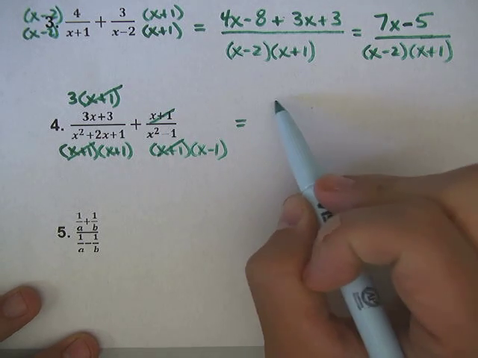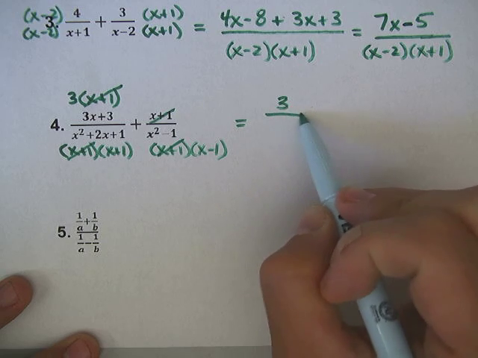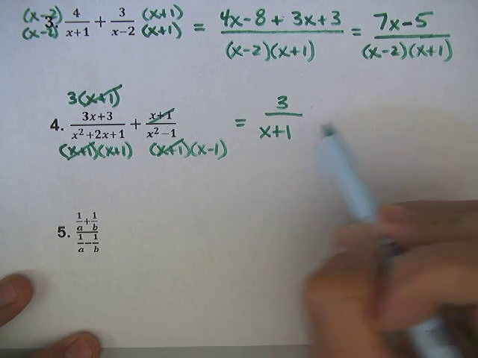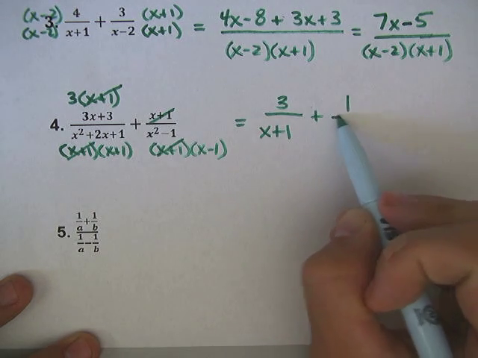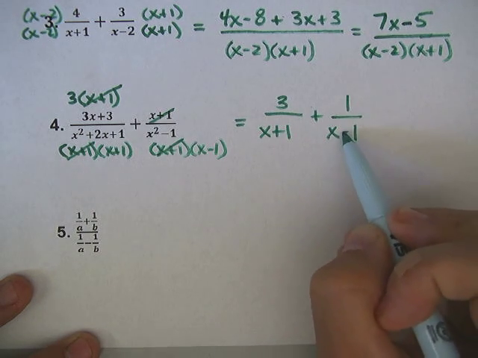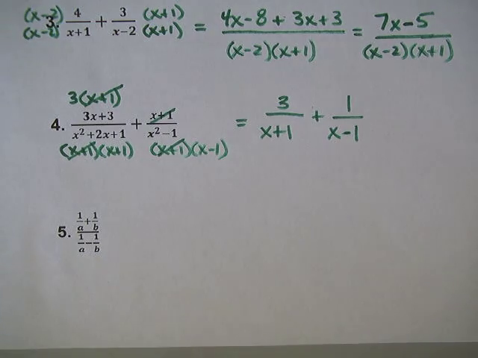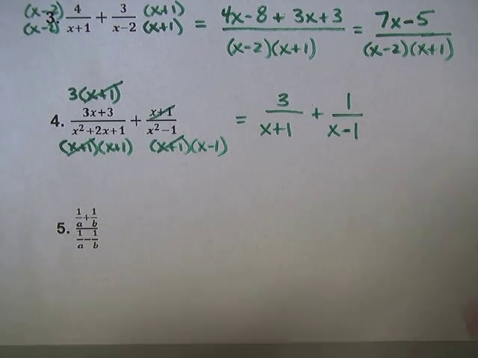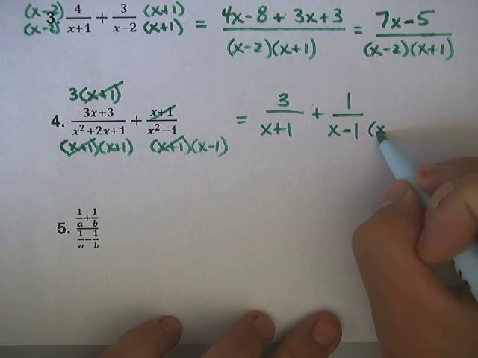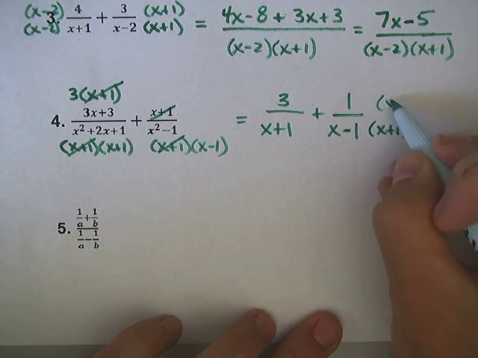And I noticed that these would cancel. And over here you notice that these cancel. So what am I left with? Well, I'm left with a 3 times x plus 1, plus a 1. Since that whole thing canceled, there's a 1 over x minus 1. So that cleans it up quite a bit.